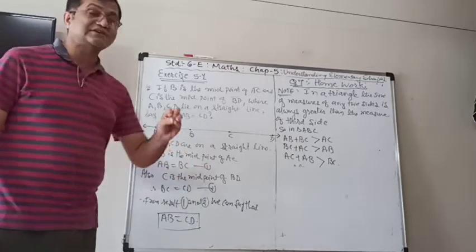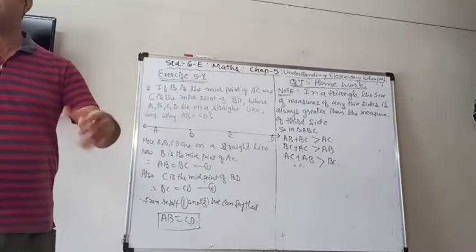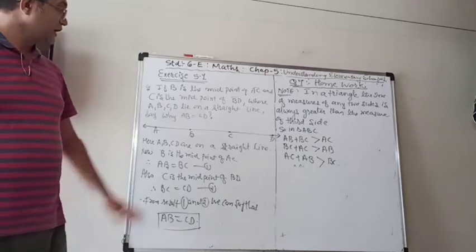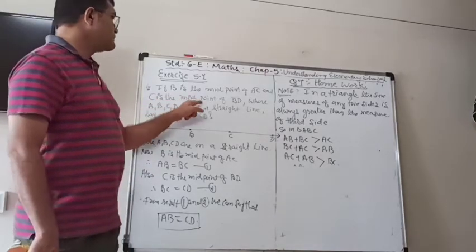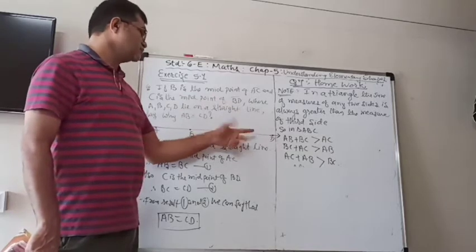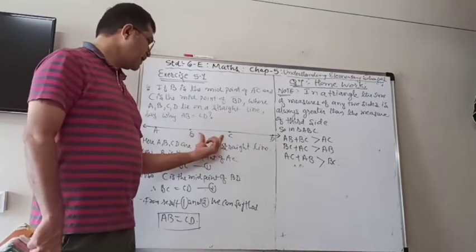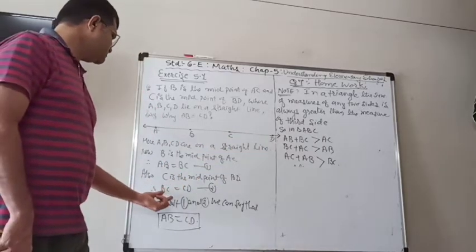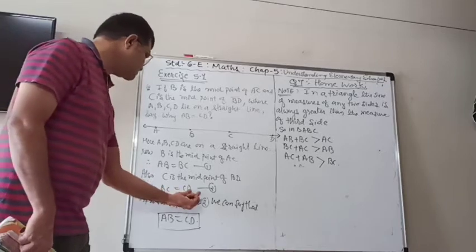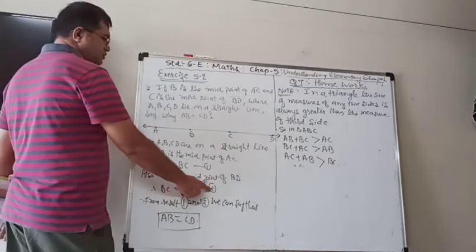We call that result number 1 because we are going to use it later. Also given in the second part is that C is the midpoint of BD. So C will lie between B and D at the same distance from each. So we can write BC is equal to CD. We call that result number 2.